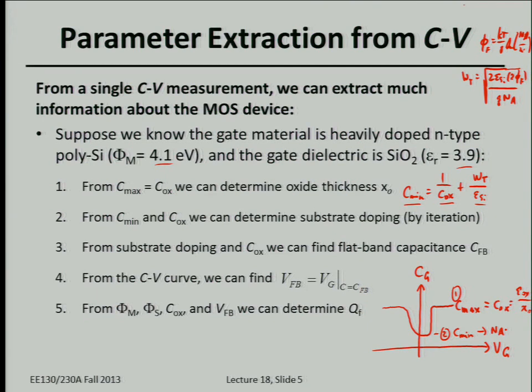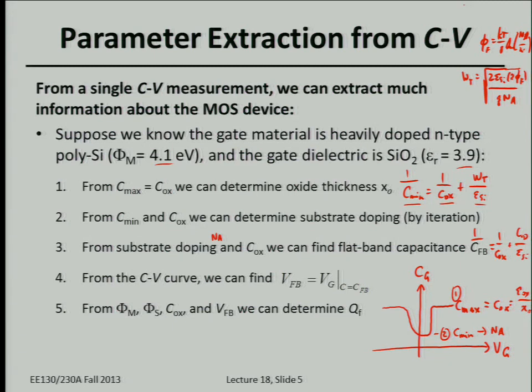Okay, so once we have this substrate doping N sub A, and we know the oxide capacitance, we can find the flat band capacitance C sub FB. So this is equal to, again, 1 over C_FB is equal to 1 over C ox plus the silicon capacitance at the Debye capacitance, right?